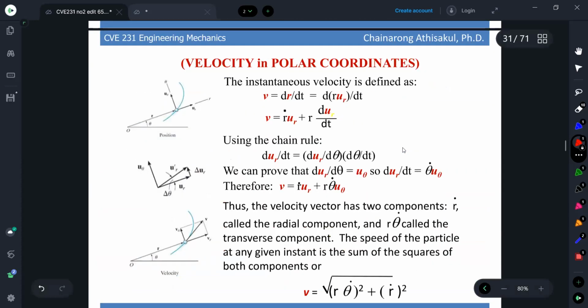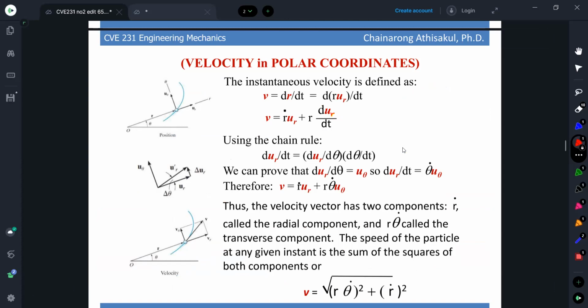In the case of velocity in polar coordinates, we first consider the polar case, and after that we extend to the cylindrical one, that is, we add the z-axis, the vertical axis.